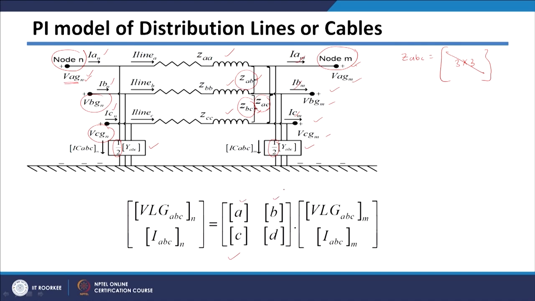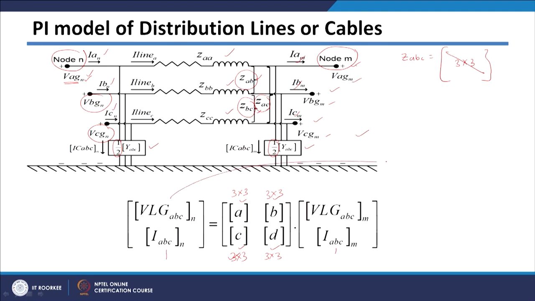So, we are modeling this pi model and writing it in terms of ABCD parameters. In this case each of these ABCD matrices will be 3 by 3. So, B also will be 3 by 3, D also will be 3 by 3, as well as C will be 3 by 3, and all these currents and voltages will be 3 by 1 matrices.